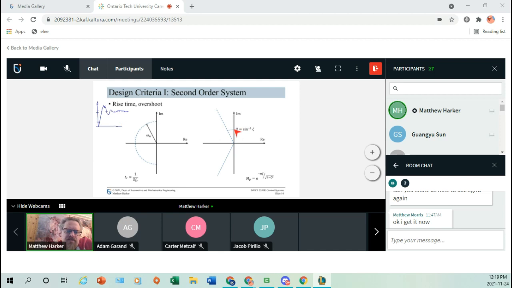It just means that setting this angle here of the poles affects the damping of the system, and therefore affects the overshoot. Right, so if we have limits on the rise time and limits on the overshoot, this sets off a kind of binary, is it too large, greater than, less than, regions, really like we had for stability.